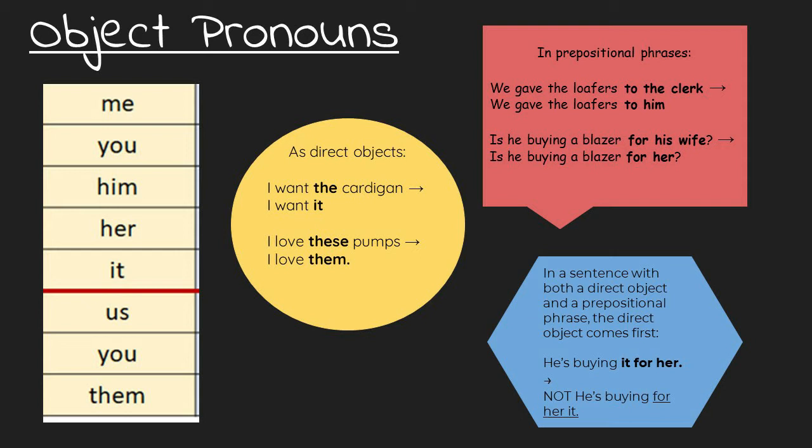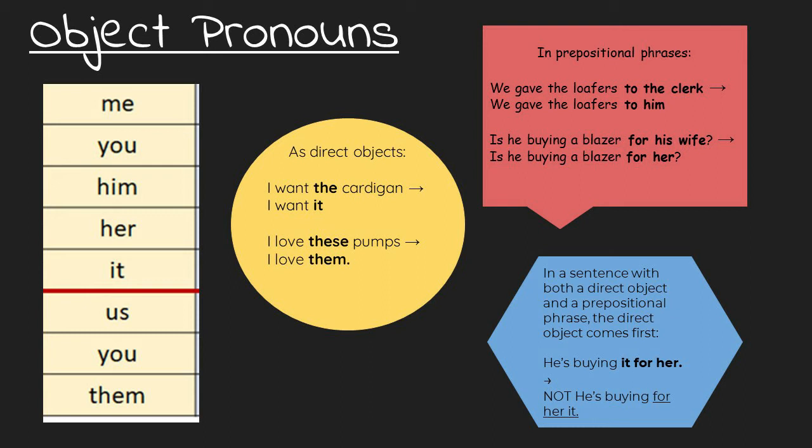Also we can use object pronouns in prepositional phrases, right? For a prepositional phrase, we use a noun. For example, here it says "We gave the loafers to the clerk."